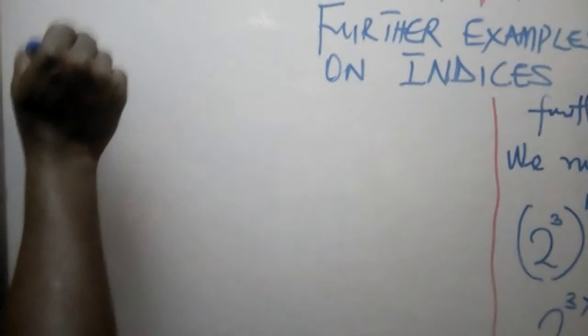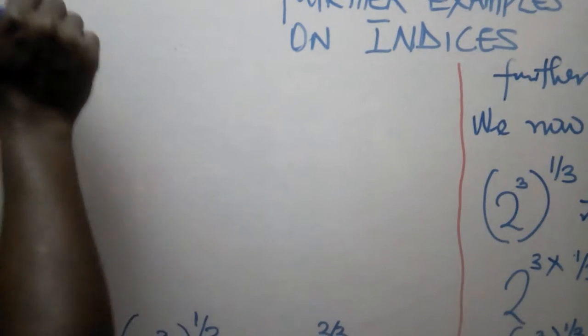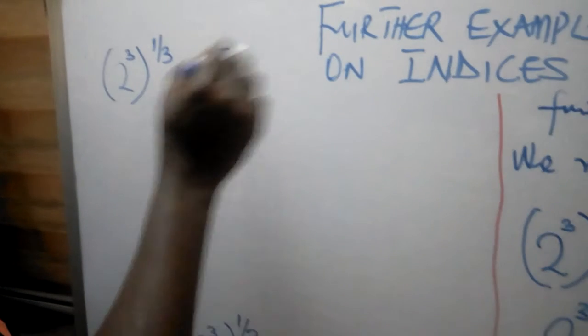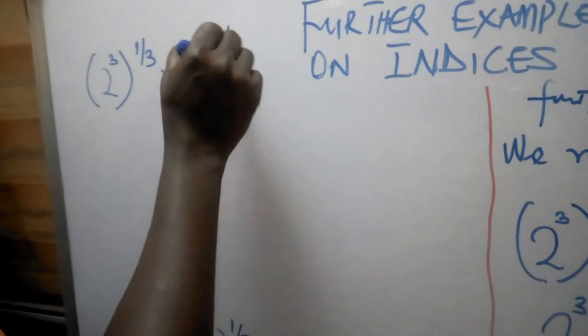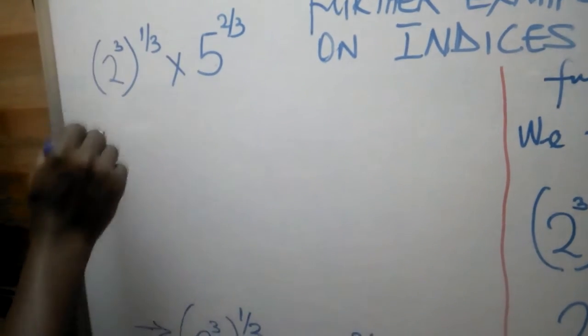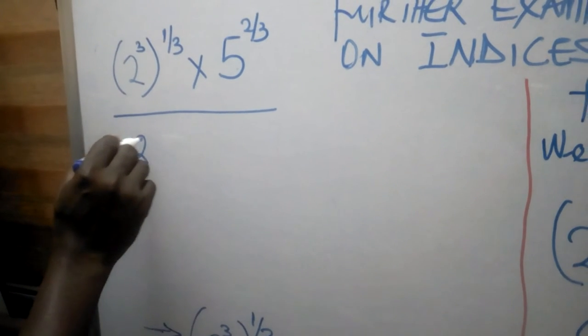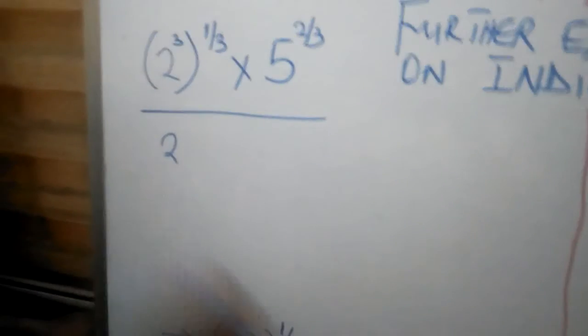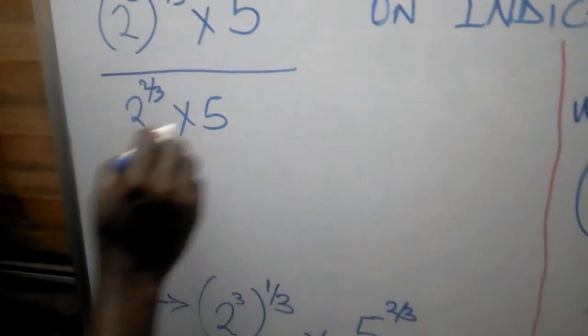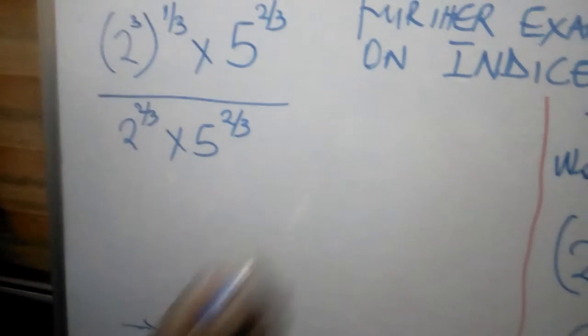2 to the power of 3 over 3 multiplied by 5, 2 to the power of 3 over 3, all over 2, because this one could be expressed as this, 2 to the power of 2 over 3 multiplied by 5 to the power of 2 over 3.